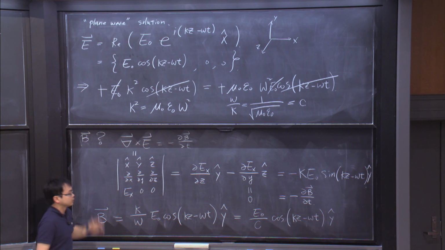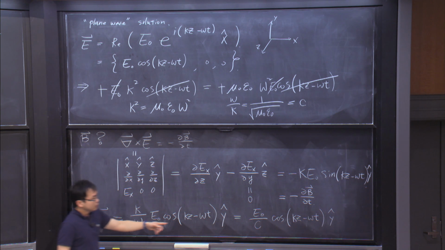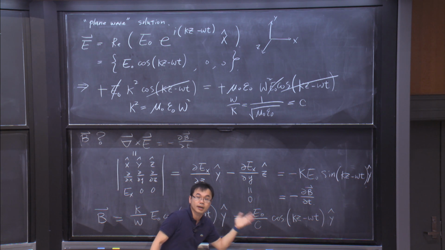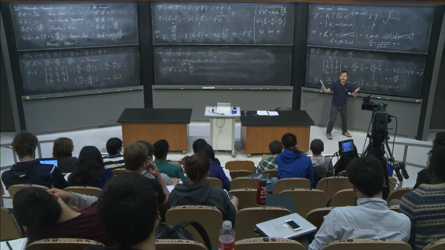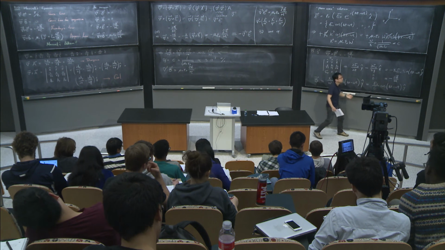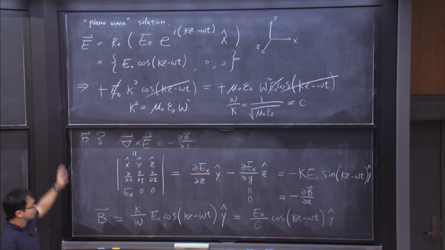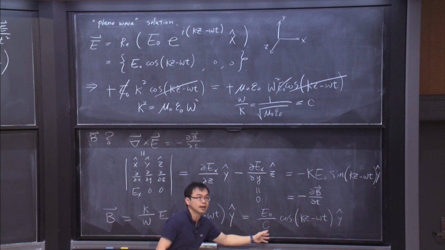Using Faraday's law and solving the equation, I figure out that B is also what kind of wave? It's also a plane wave. So if I start with a plane wave on the electric field side, I also get a plane wave on the magnetic field side.